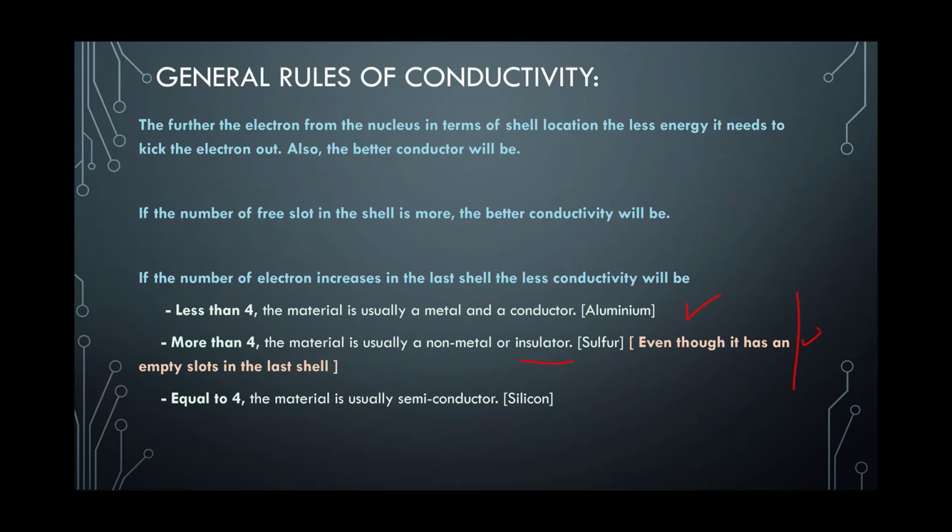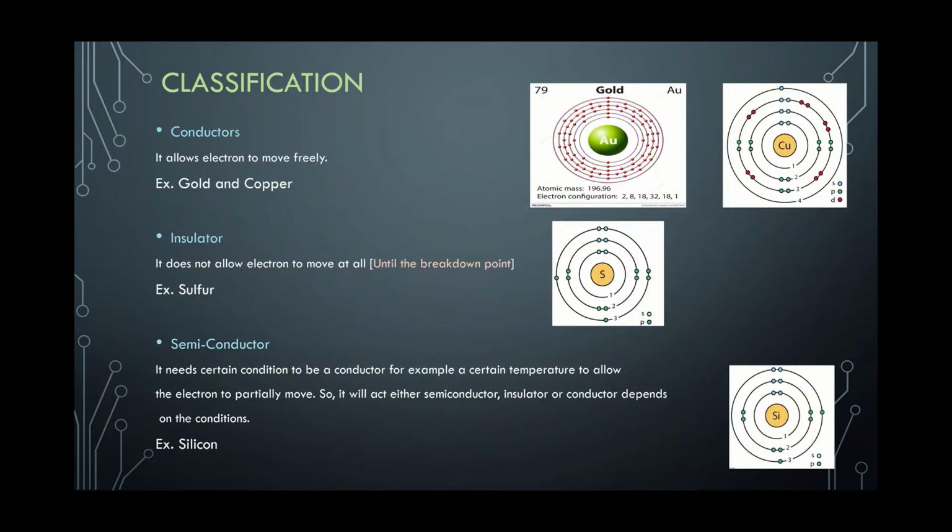It will resist the electron movement, even though it has empty slots, and we will see that later, inshallah. If the number of electrons is 4, the material is a semiconductor. It should be exactly 4. So we can classify materials as conductor, insulator, or semiconductor.